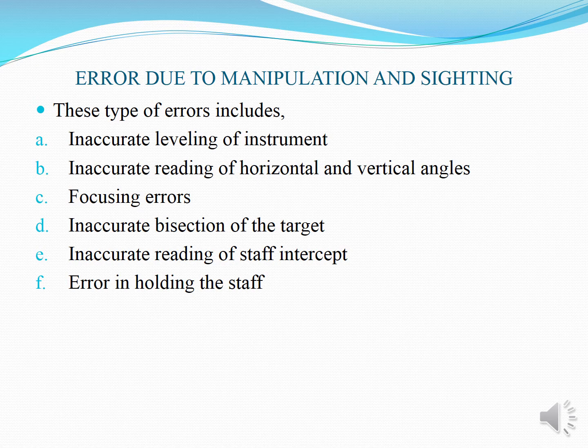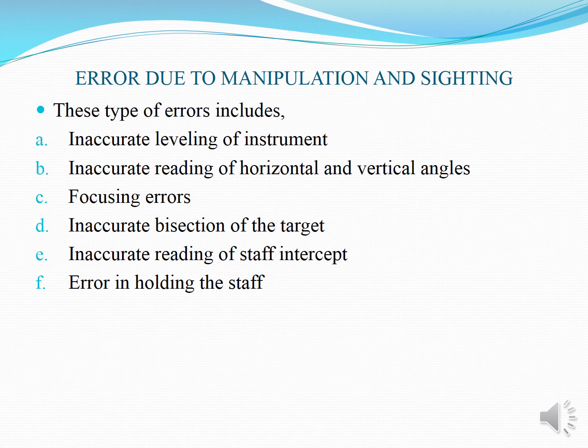Then there is inaccurate reading of horizontal as well as vertical angles, which also creates error due to sighting. Next are focusing errors: if the focusing is not proper, these errors due to sighting also occur.